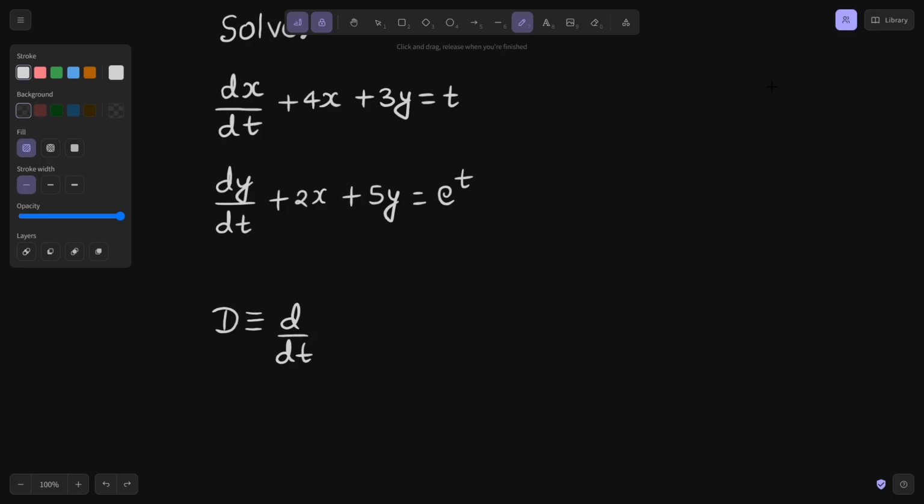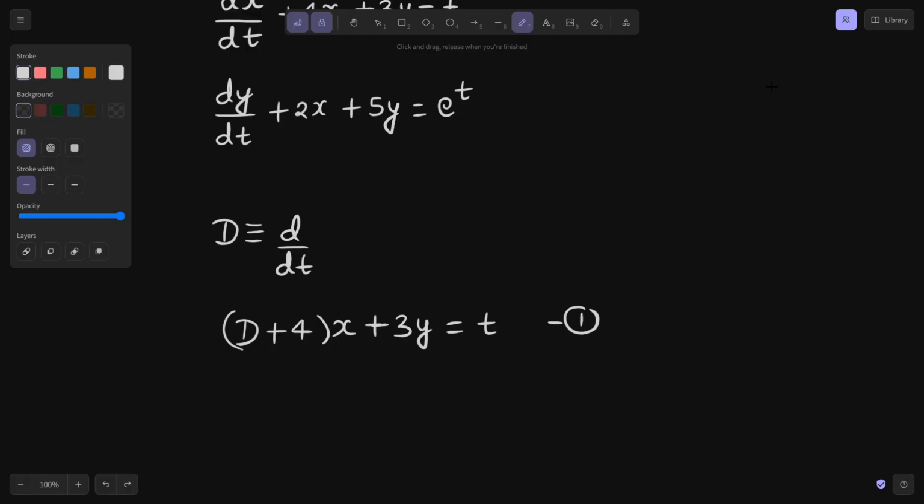So if you write this in operator form, or in terms of D, you can write D, because D is d by dt, plus 4 x plus 3y equals t as your first equation.